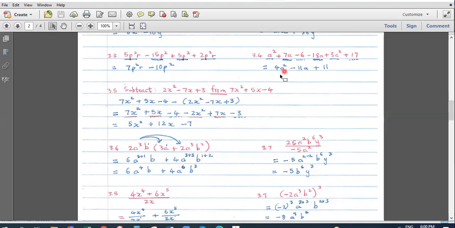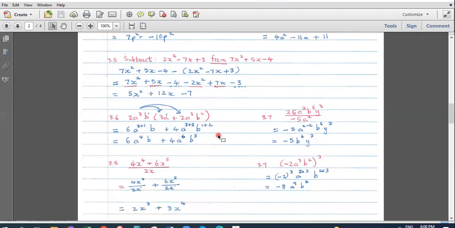Now that we've completed adding and subtracting like terms, 3.6 involves multiplication. When you are multiplying algebraic expressions, you need to remember the rules or the laws of exponents, because this is a cubed and a1.